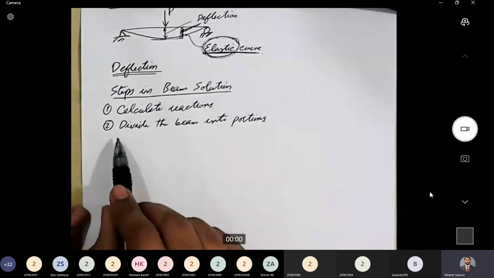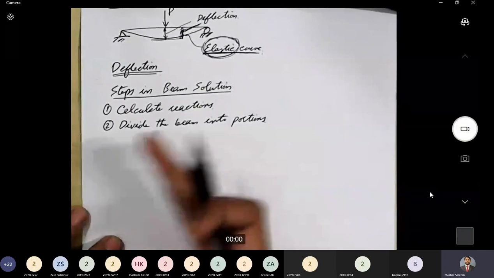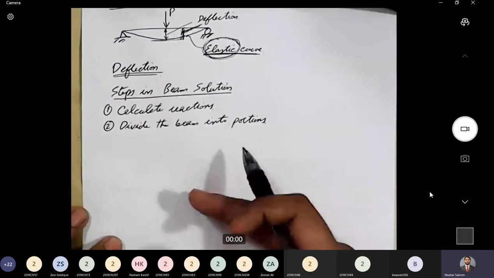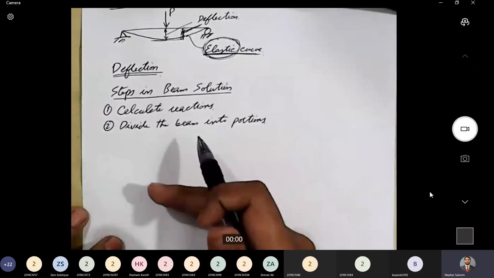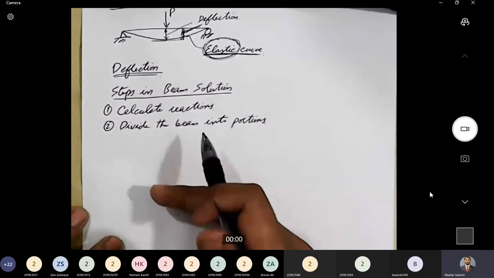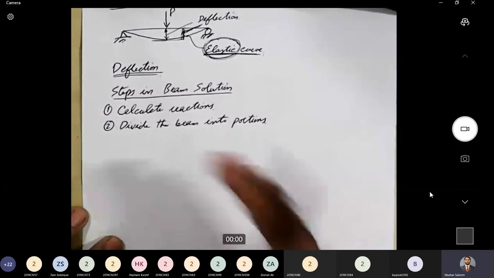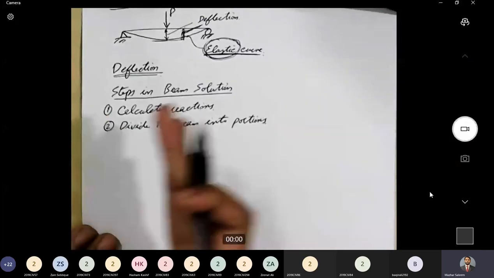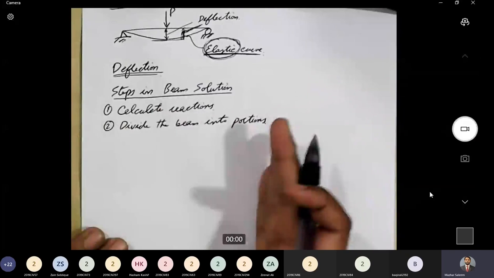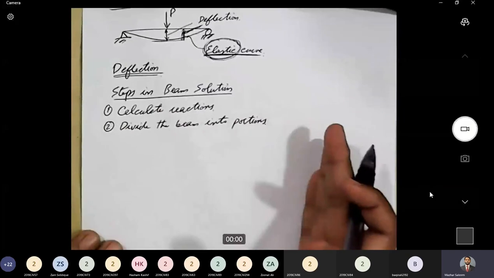So we will divide a beam into a number of portions, and how are these portions divided? Whenever there is any change in applied loading or support condition, we consider that part as one portion.